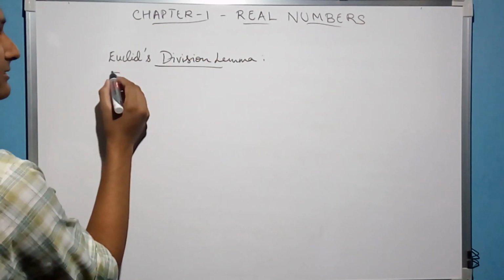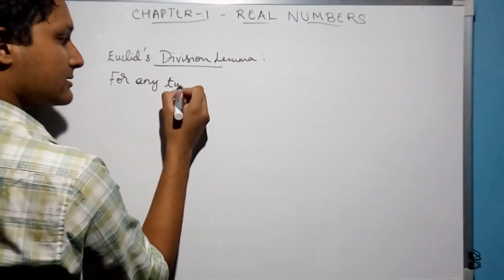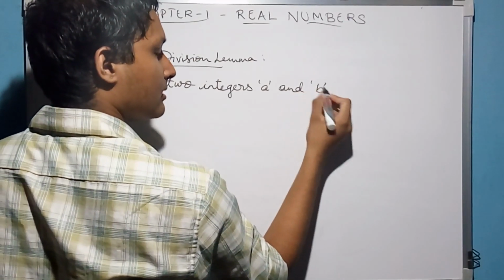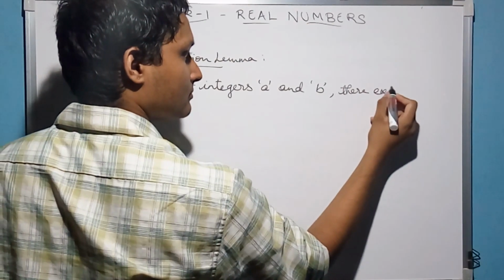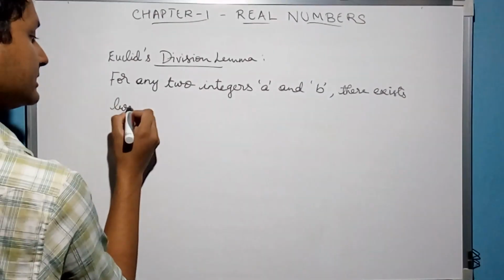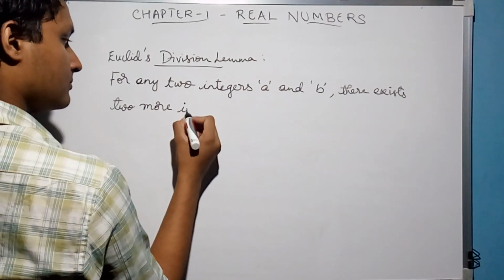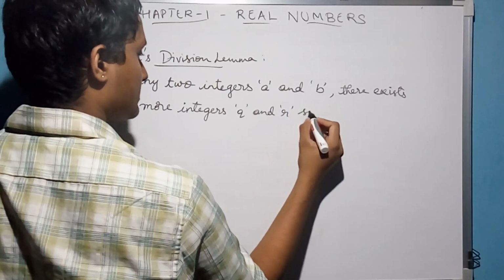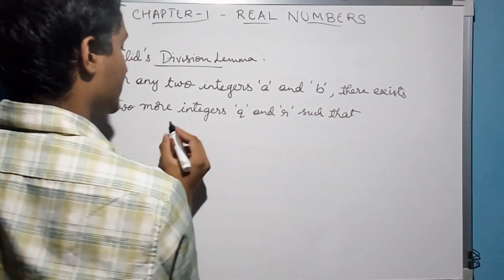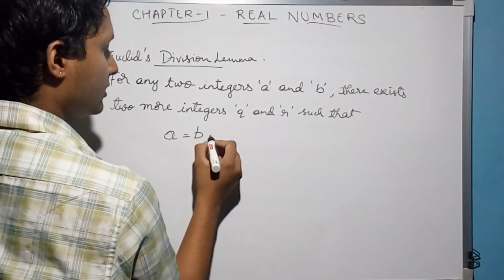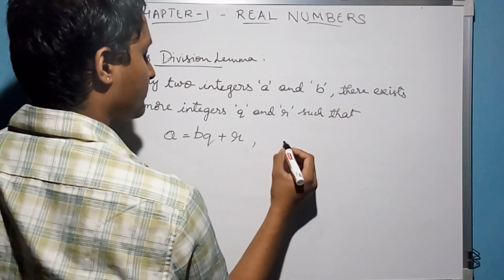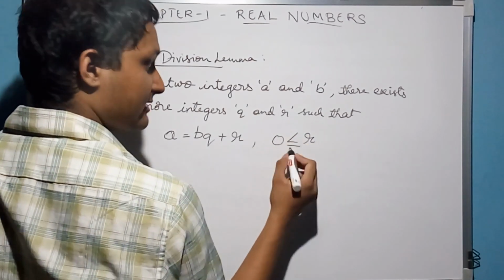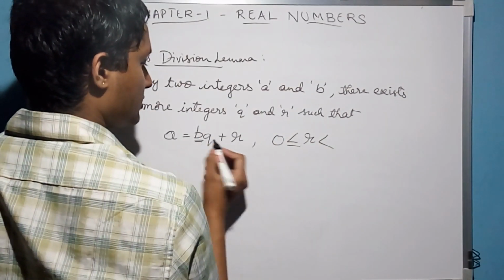Euclid's division lemma says that for any two integers a and b, there exist two more integers q and r such that a is equal to bq plus r, where r is some integer that is greater than or equal to 0 and less than this divisor, which is also called b here.